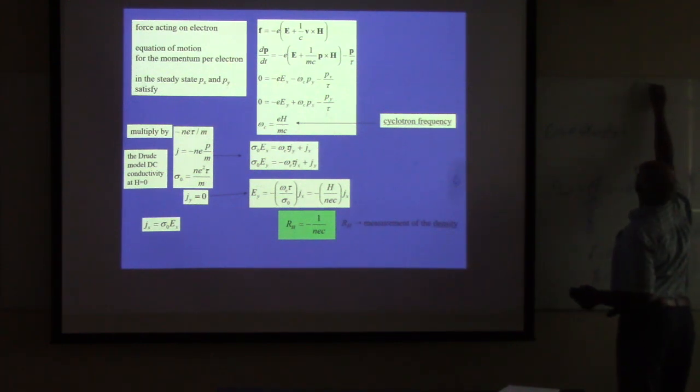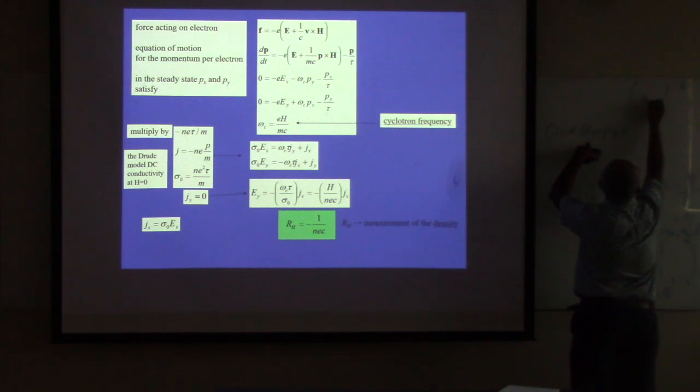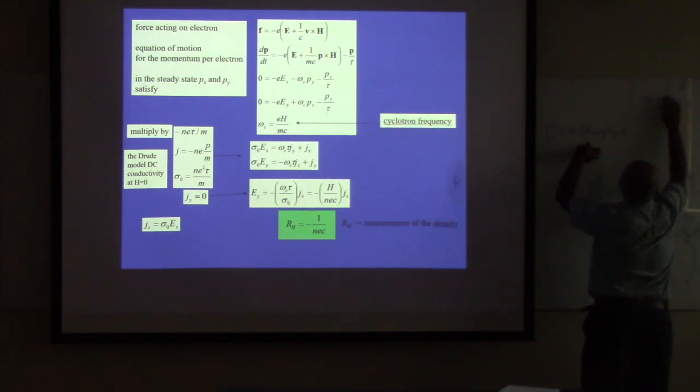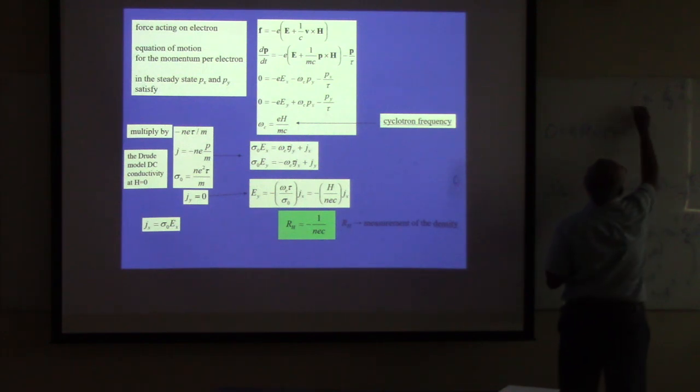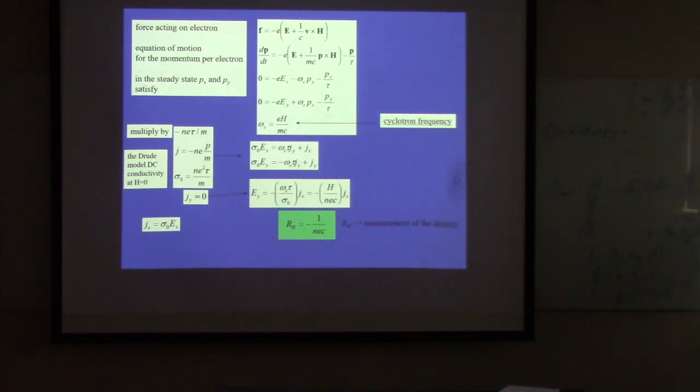If I take i, j, k, V is Vx, Vy, 0, B is basically 0, 0, B, right? Now if you do this, what do you get here? If you take i, you get Vy times B, right? The other part is 0.